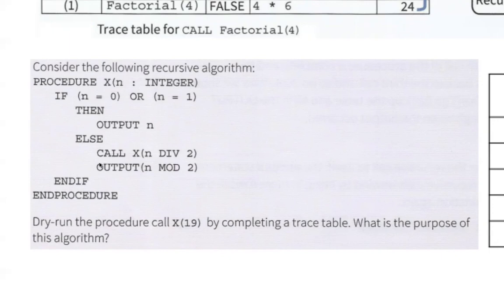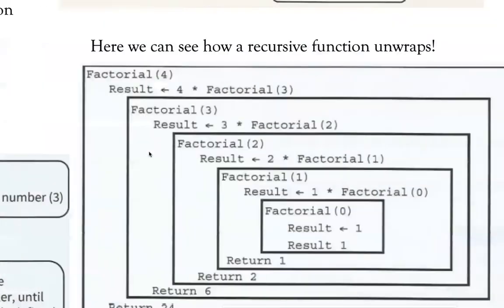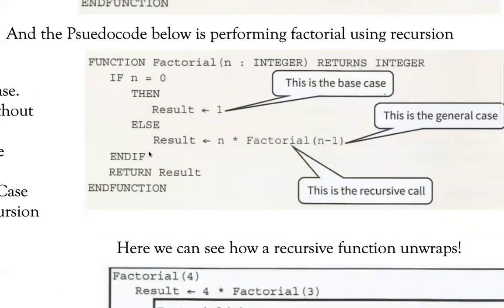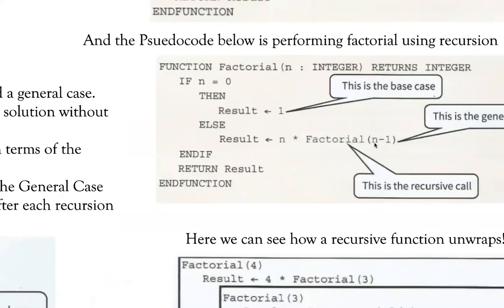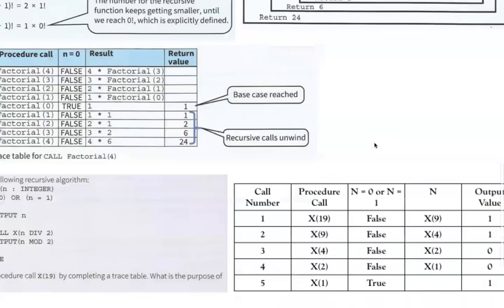Even in this example, you can see the recursive call is taking place in the else condition, so this is my general case. Same thing over here: in my factorial function, my recursive call takes place in the else statement, so this is my general case. Wherever the recursive call is taking place, that is known as the general case.